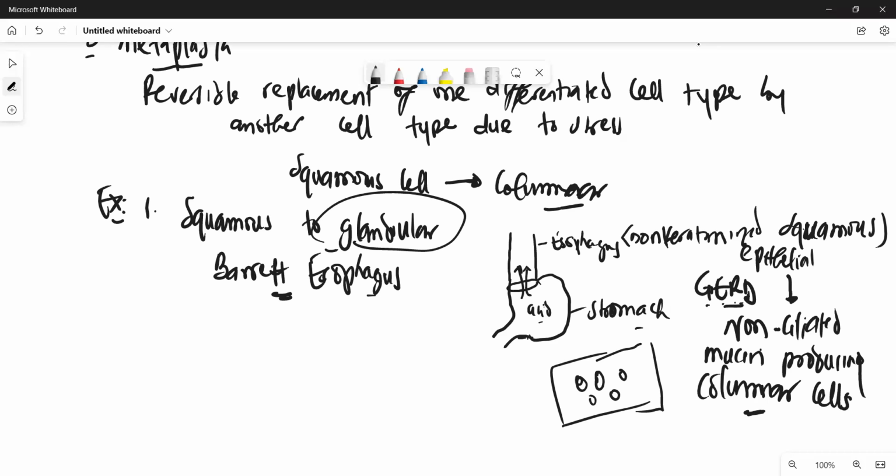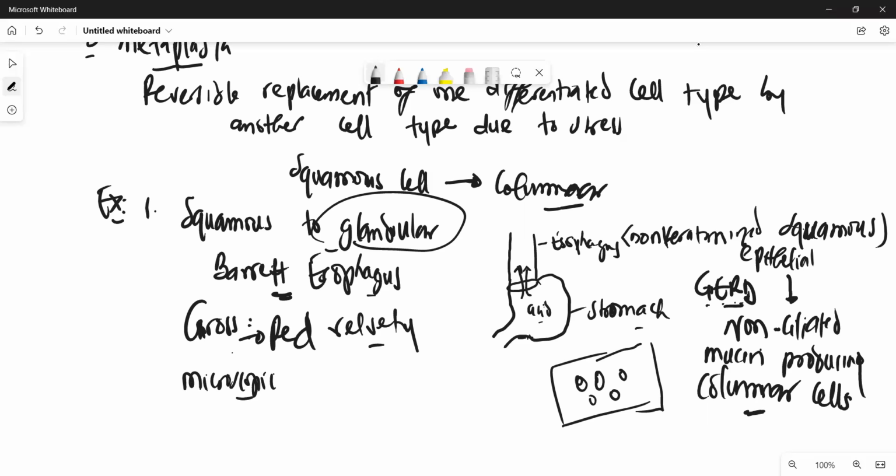On gross, when you do your endoscopy and you look at the changes in the Barrett esophagus, it's going to appear red. We normally call it red velvet. On microscopy, you're going to see all these non-ciliated mucin producing columnar cells.